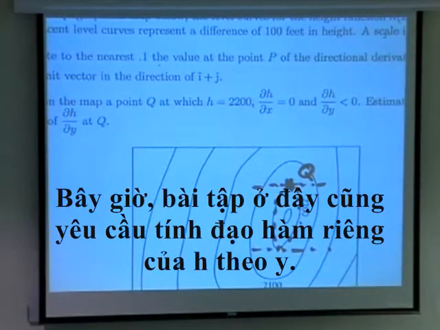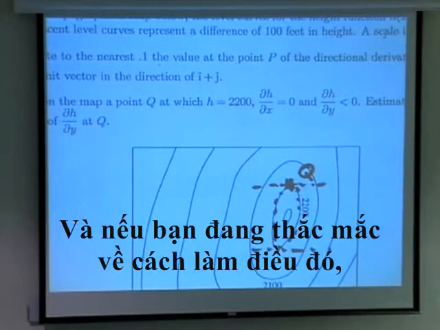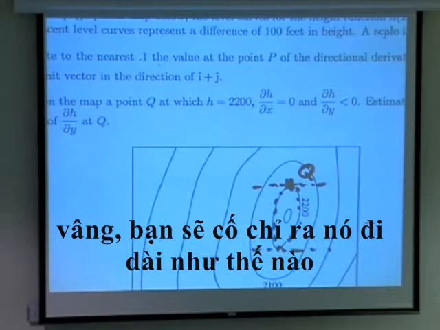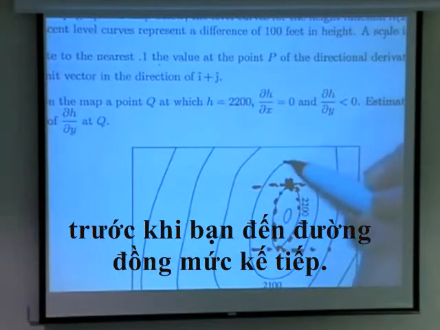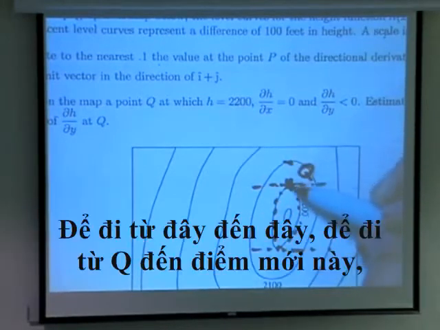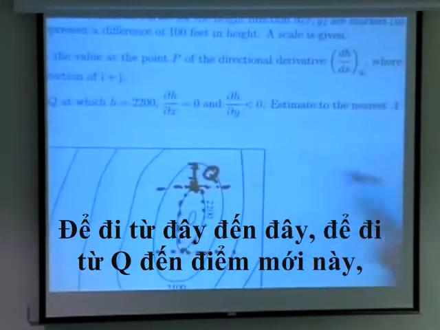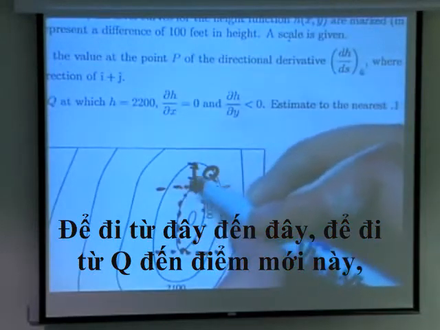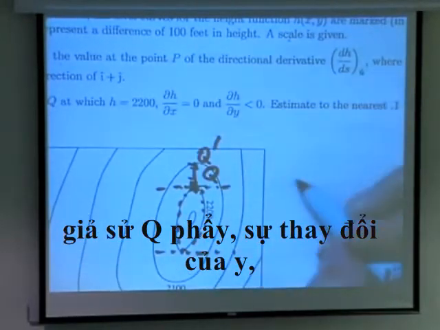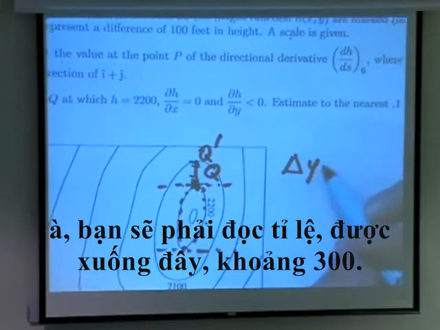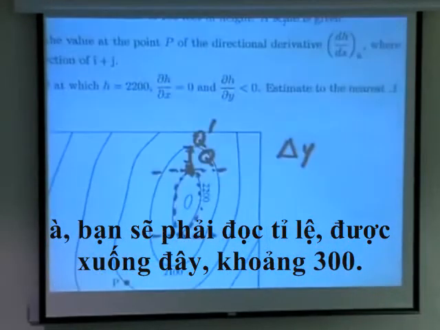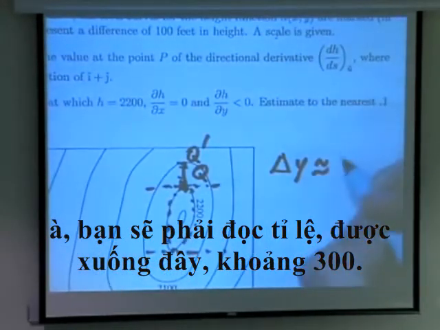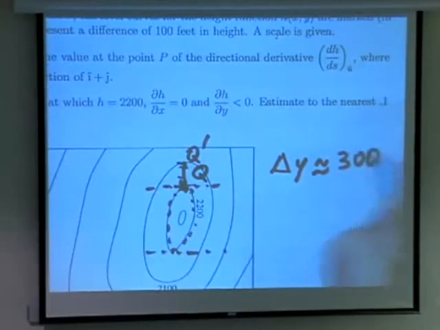Now the problem was also asking you to estimate partial h, partial y, and just if you're curious how you would do that, you would try to figure out how long it takes before you reach the next level curve. To go from Q to this new point, say Q prime, the change in y, you'd have to read the scale, would be about something like 300.